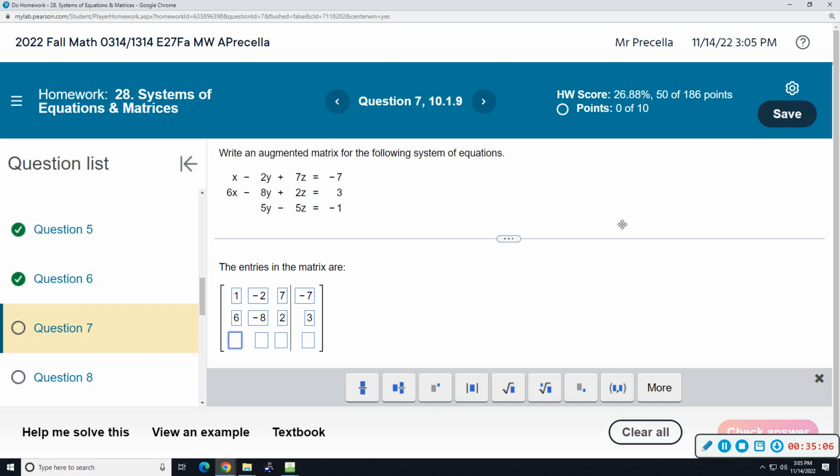Now you've got to put a number. Matrices have no variables, only numbers. There's not an x, so to indicate there's no x on this third equation, you put a 0. Then what are the other three numbers I'm going to type in? 5, -5, and -1.